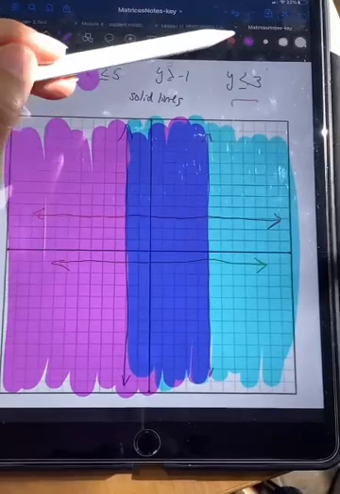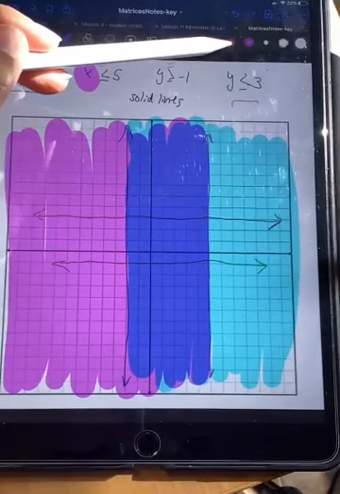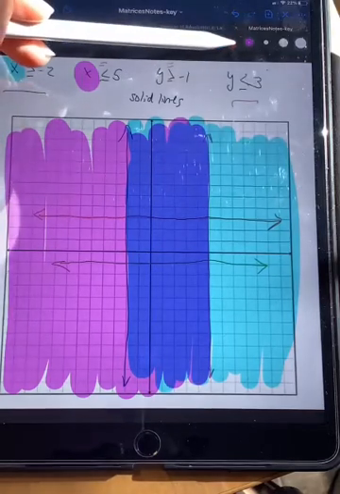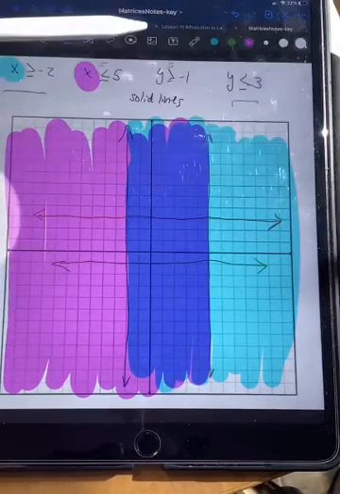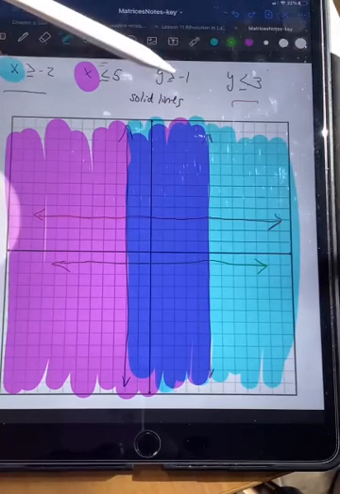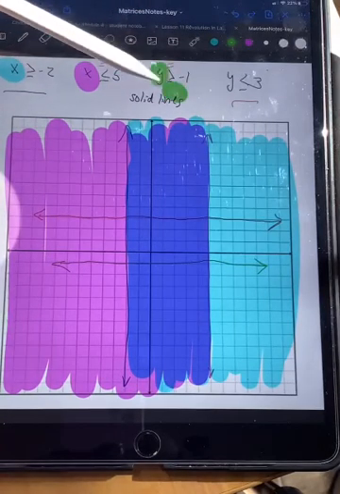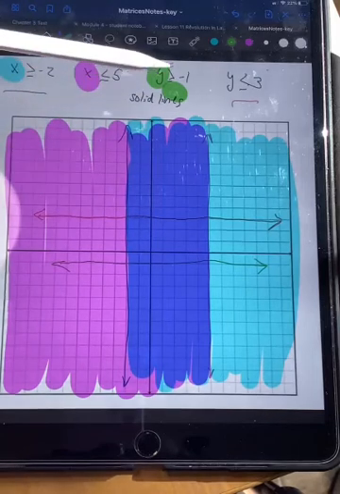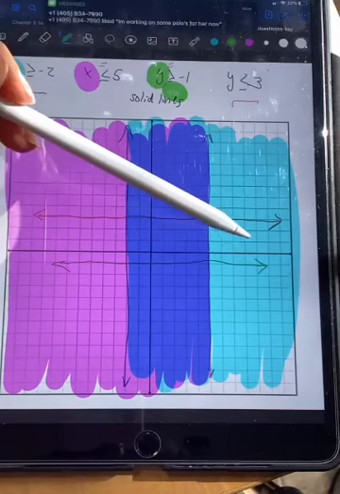So now we're going to do our green line. Let's pick our green highlighter here. So I've got my green line here. And now I'm dealing with y values. So now we're going to be shading vertically. Y is greater than or equal to negative 1.